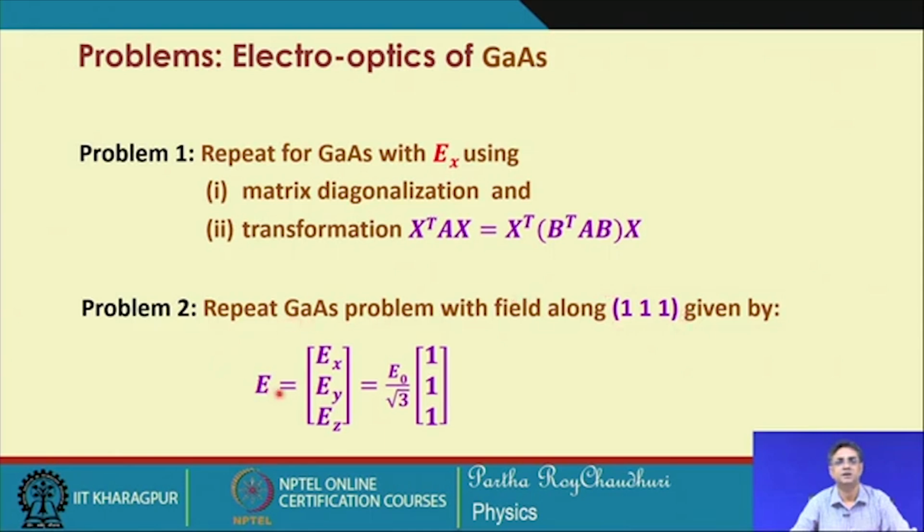Let us have a look at this problem, and we can repeat the same problem using a field which is applied only along the x axis. Then we can use this matrix diagonalization to get the principal refractive indices, and after having these we can calculate the birefringence.